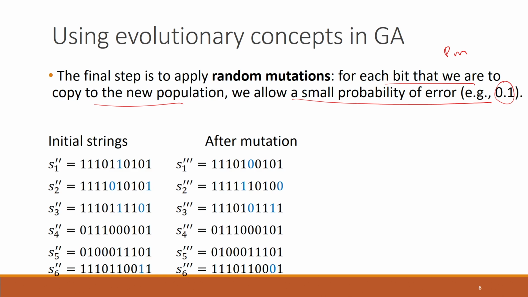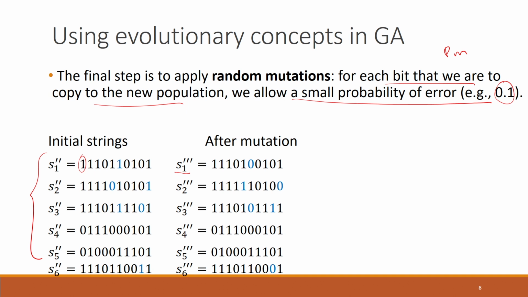Suppose these are the strings that we obtained after doing the crossover. Now, we want to do mutation on these strings. What we will be doing here is going string by string. In the first string that we generate after mutation, we will first decide whether this first digit or bit in this string S1 double dash needs to be changed or not.